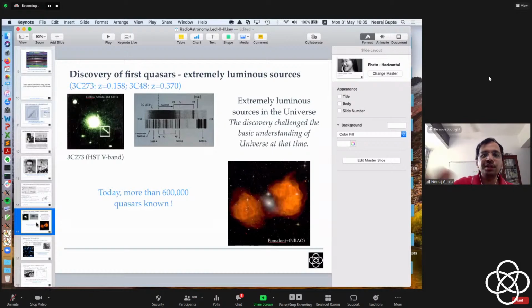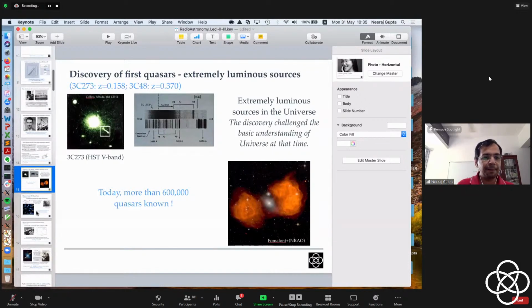These are extremely luminous sources in this universe. Initially, when they were discovered, they challenged the basic understanding of the universe at that time. So quasars and AGNs were first discovered at radio wavelengths. Now, of course, we know millions of such AGNs, but when the first discoveries were made in the 50s and 60s, this happened at radio wavelength.